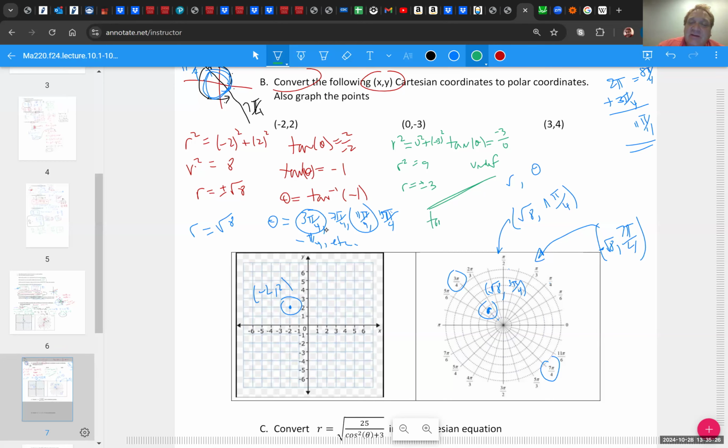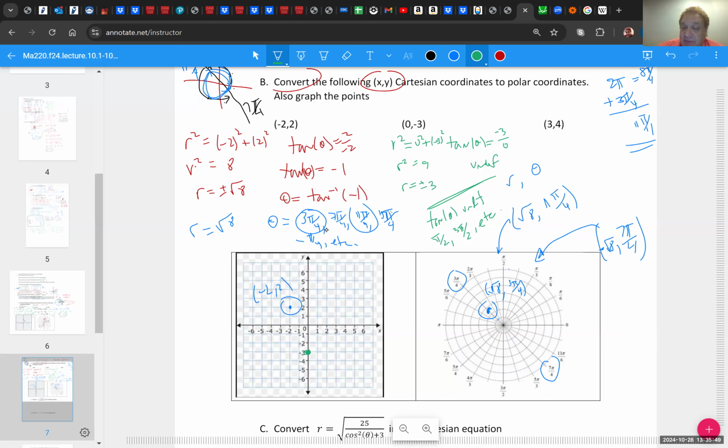Tangent is undefined at pi over 2, 3 pi over 2, etc. So we know the angle here is either pi over 2 or 3 pi over 2, something like that. We want 0, -3, which is down here, sort of between the third and fourth quadrants.